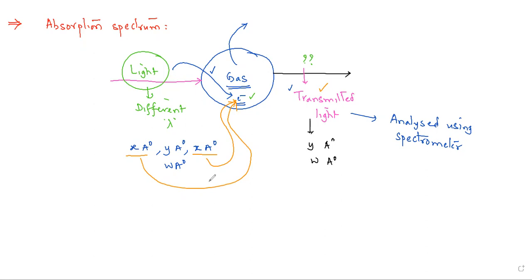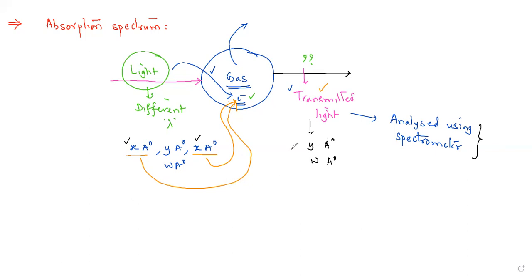Because Y and W have come out in the transmitted light, of course, as can be known using a spectrometer, we can say X and Z must have been absorbed by the electron. So what are the wavelengths of the absorbed radiation? X and Z.